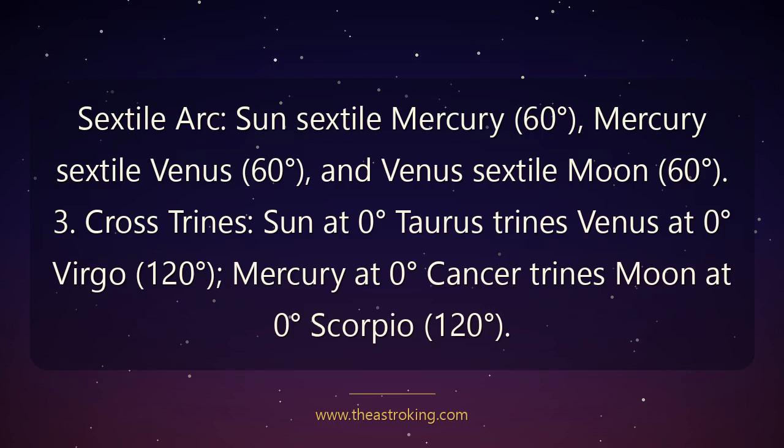And Venus sextile Moon, 60 degrees. 3. Cross trines. Sun at 0 degrees Taurus trines Venus at 0 degrees Virgo, 120 degrees. Mercury at 0 degrees Cancer trines Moon at 0 degrees Scorpio, 120 degrees.